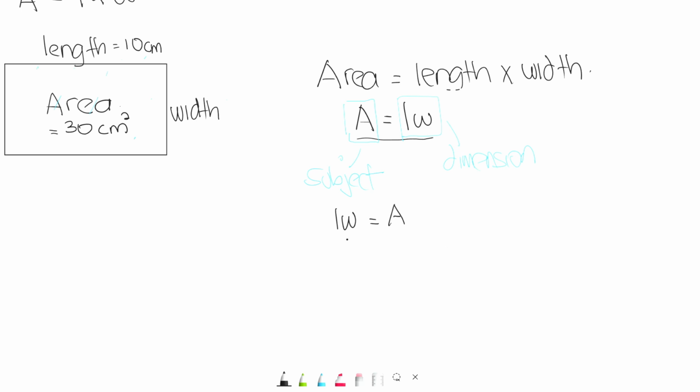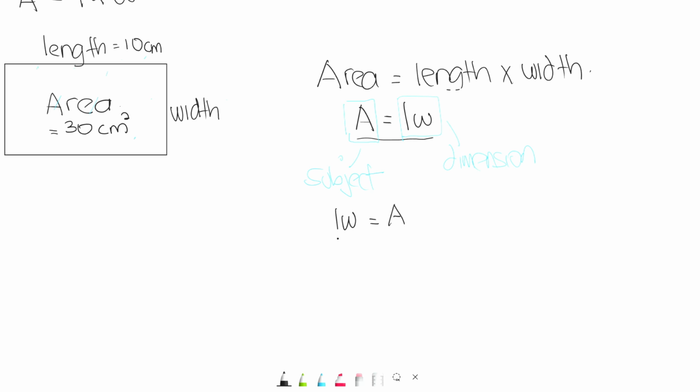Now, remember that the subject of the formula should not have any encumbrances, which means there should not be any attachments written with the subject. So in this case, I have this L, which is the length, that is written with the width. So I've got to get rid of that.